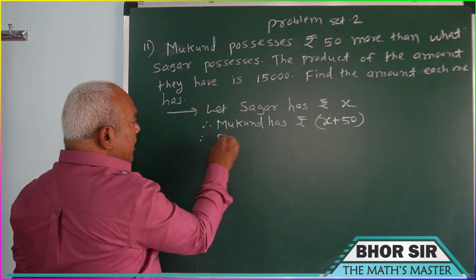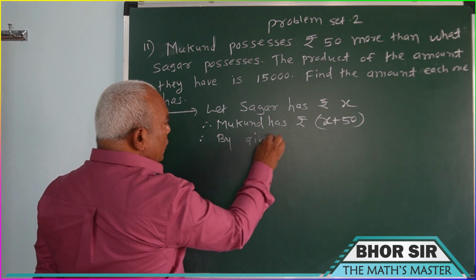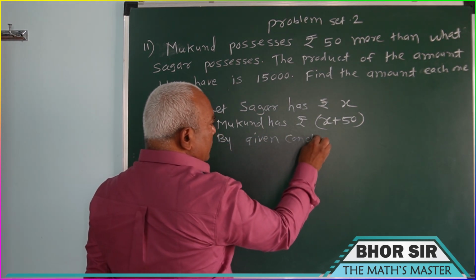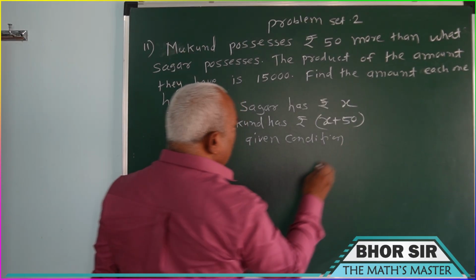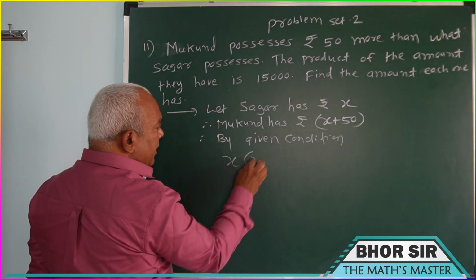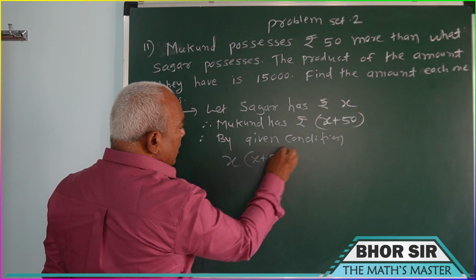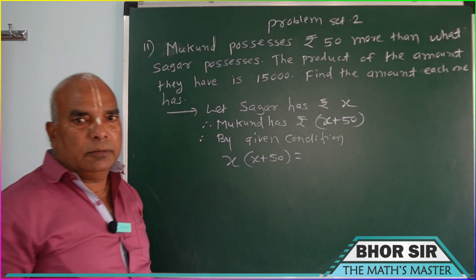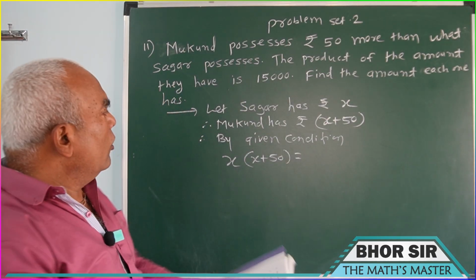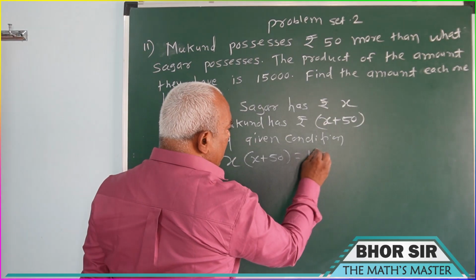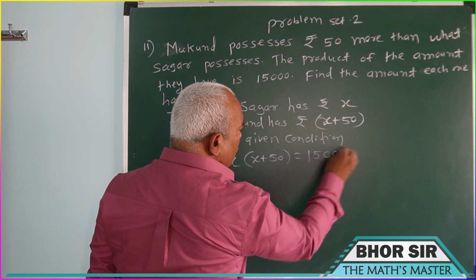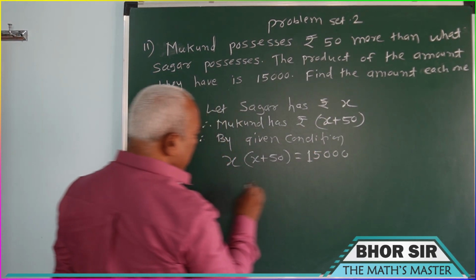We can say simply by the given condition, X into bracket X plus 50, the product of their amounts, is how much? 15,000.